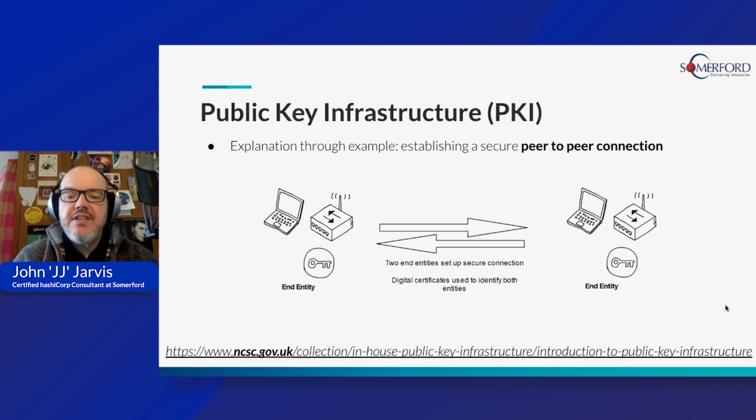I'm going to use the example of peers attempting to establish a secure connection to explain PKI from a high level. As you can see here, the two entities will share certificates with each other, and they'll be able to verify that the certificates haven't been compromised, that they were issued by a trusted source, and haven't expired or been revoked.